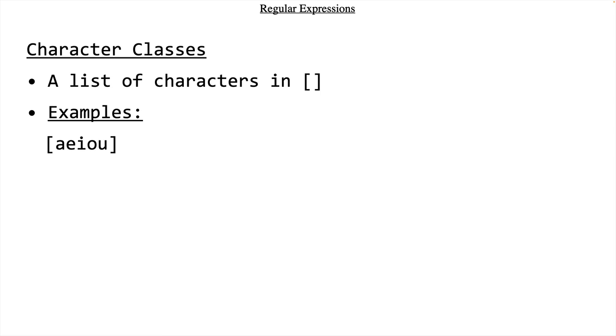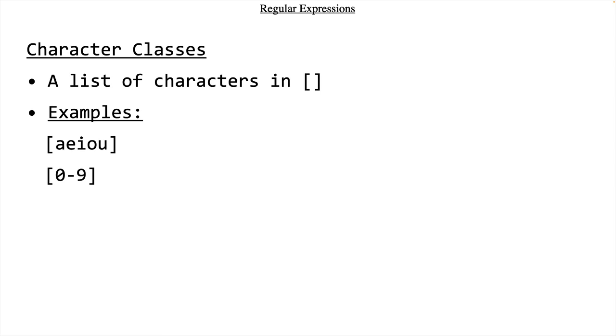If I want to specify a particular location has to be a digit, I can use 0-9. So the thing to note here is that I can give ranges within my character classes. So this would be 0, 1, 2, 3, 4, 5, 6, 7, 8, 9.